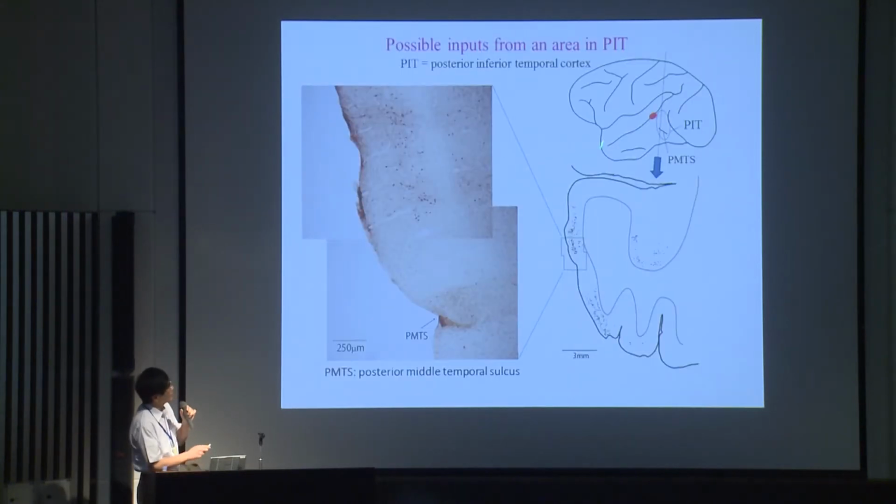And we found that retrogradely labeled neurons were distributed in some locations in PIT and some locations in V4. Of these, we are particularly interested in the region slightly dorsal to the anterior end of the posterior middle temporal sulcus, PMTS. So this slide shows the section at this level.